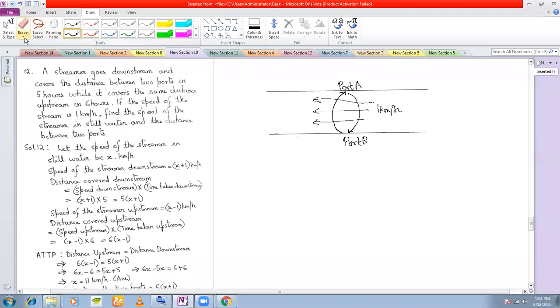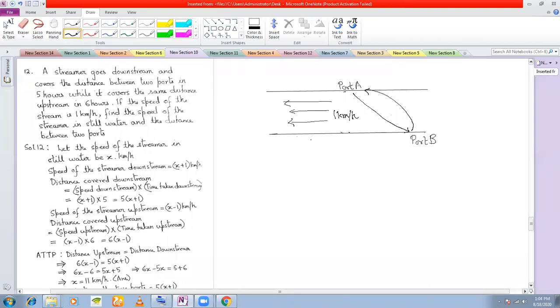Let us take port B to be somewhere over here. Now the streamer will move from here to here, and then from here to here. And water is flowing in this direction at the rate of 1 kilometer per hour.